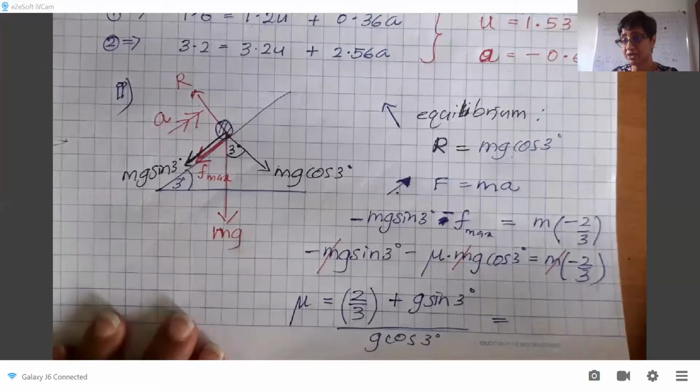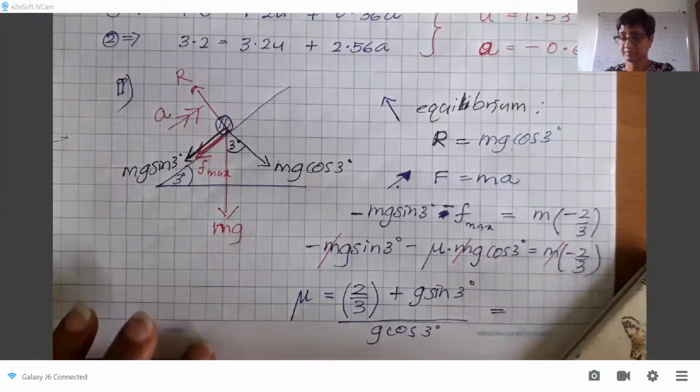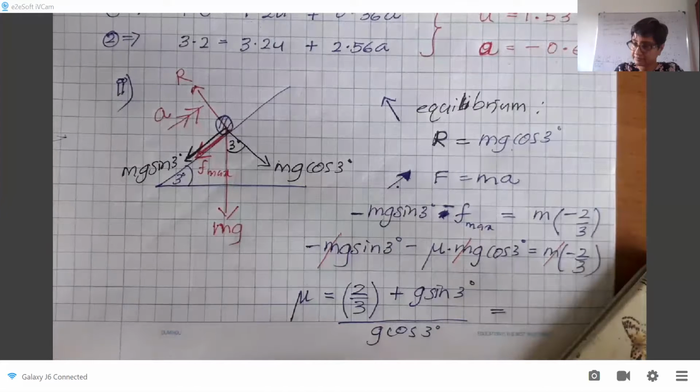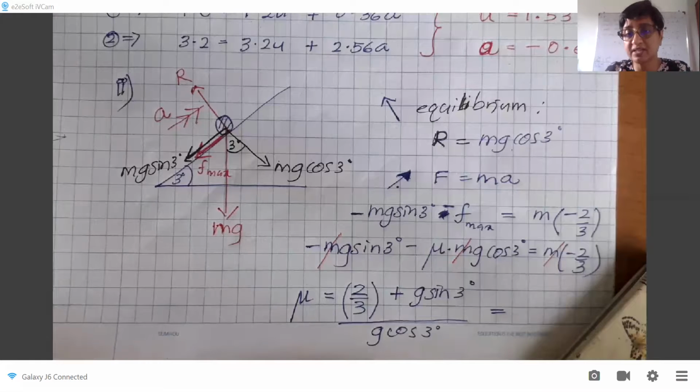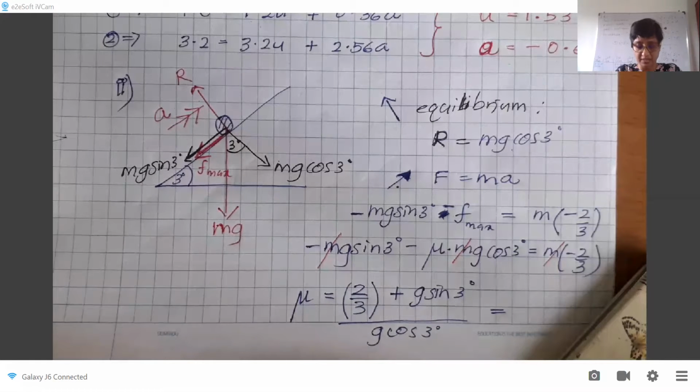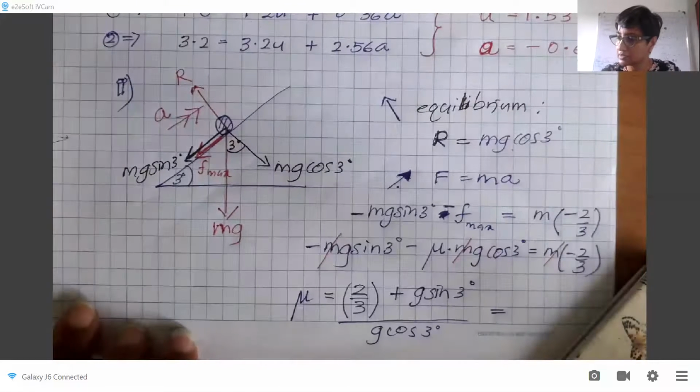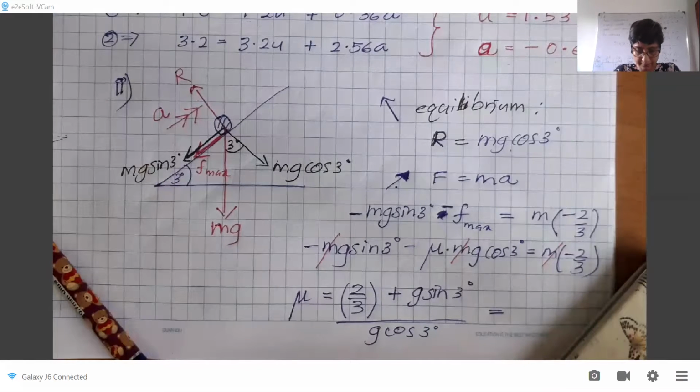0.0144. Can everyone make sure that you get that answer? Let me also check. Make sure you are in the degrees mode, your calculator. This 3 is in degrees. I got a different answer. Have I made a mistake?